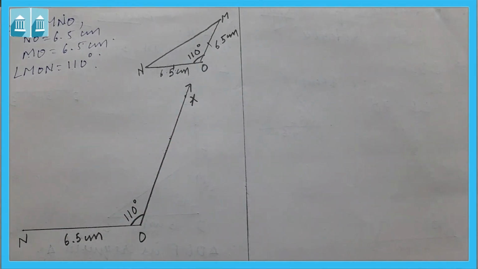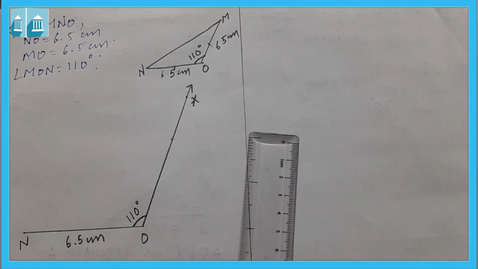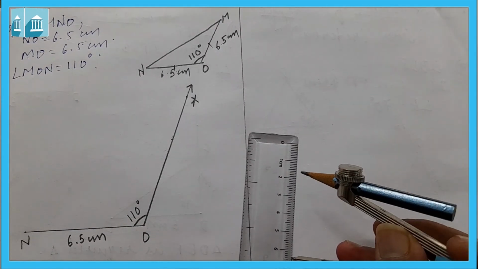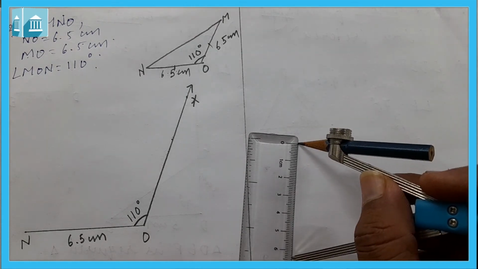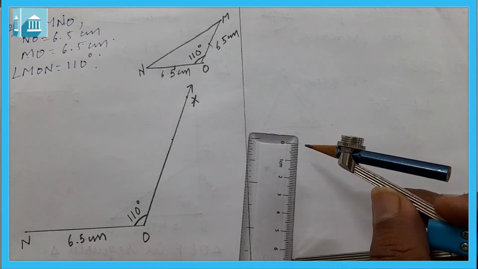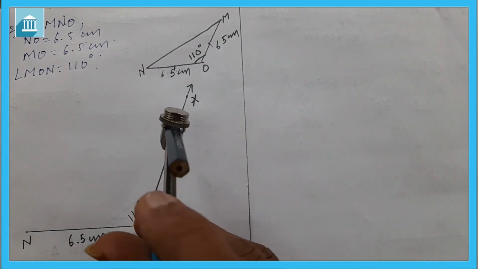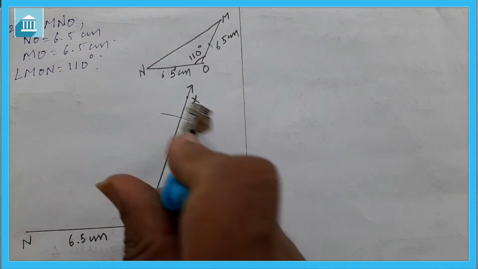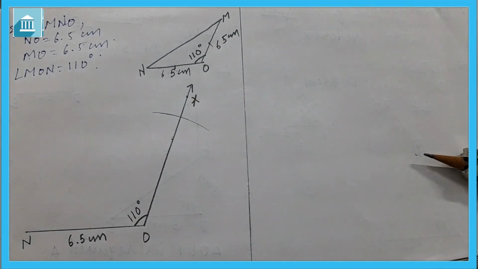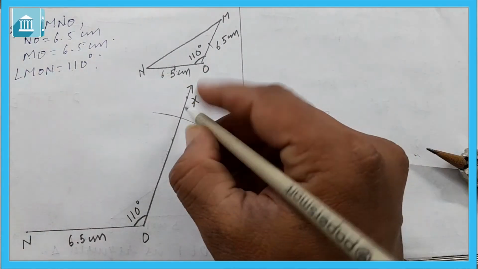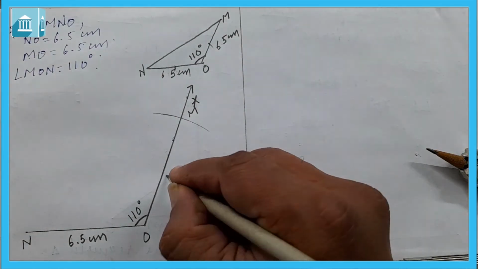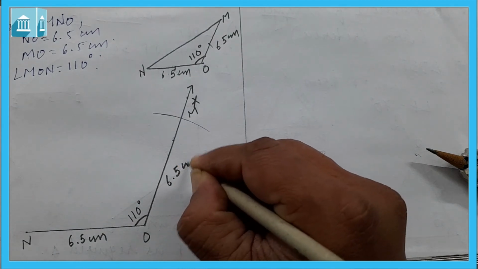Then next what we have to draw is OM, or MO is given 6.5 centimeter. So with center O and radius 6.5 centimeter, we need to draw one arc which intersects the ray OX at M. This is our 6.5 centimeter.